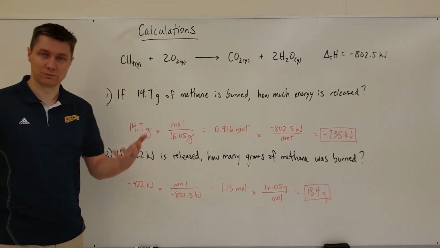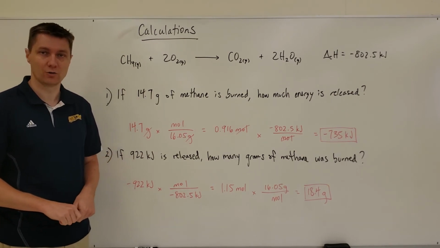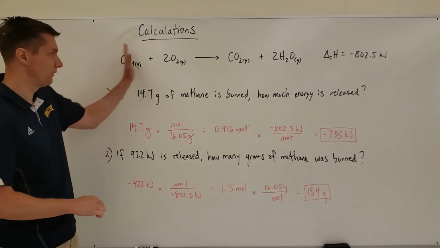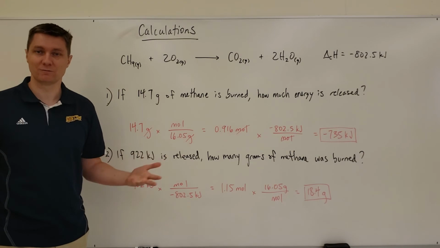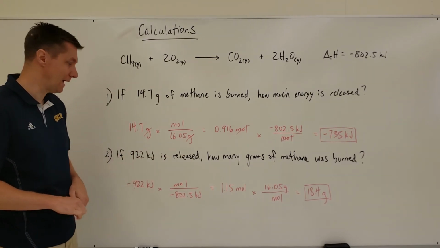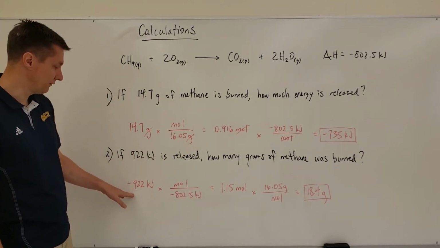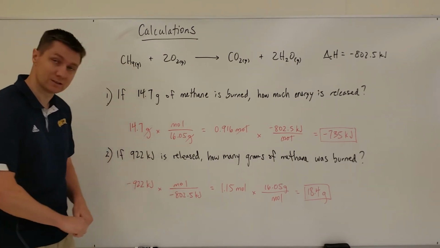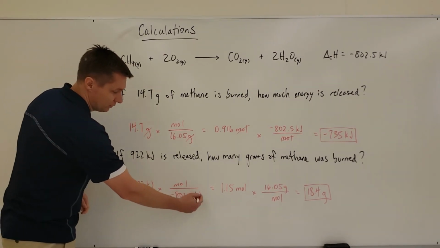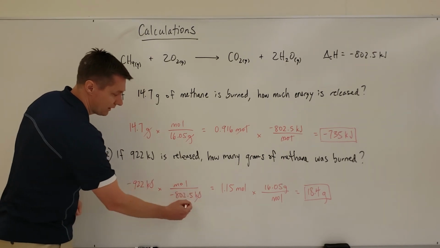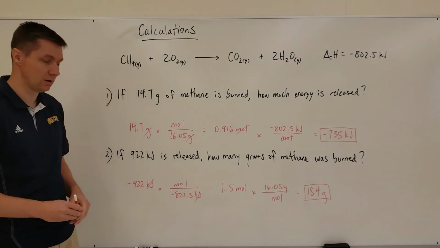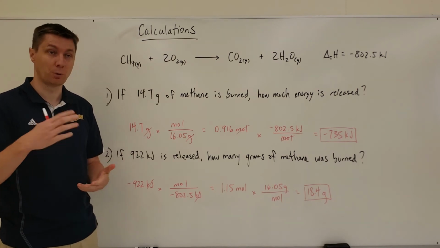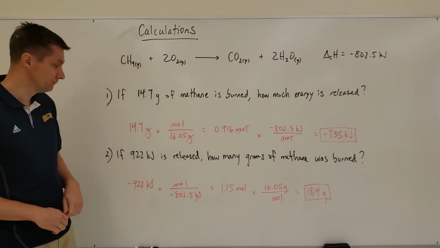If we were to release 922 kilojoules of energy from this reaction, how many grams of methane was actually burned to make that happen? Well, I've got negative 922 kilojoules, and to cancel out the units, I've got my kilojoules on the bottom, so my number has to go on the bottom because this is negative 802.5 kilojoules per 1 mole of methane.